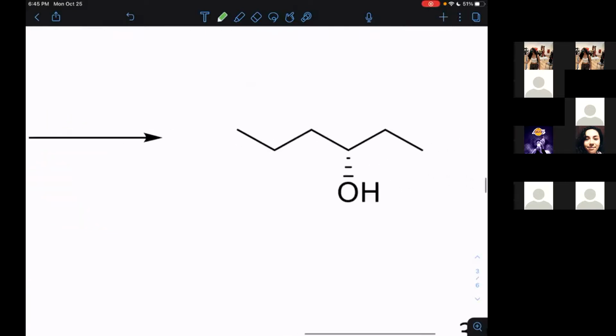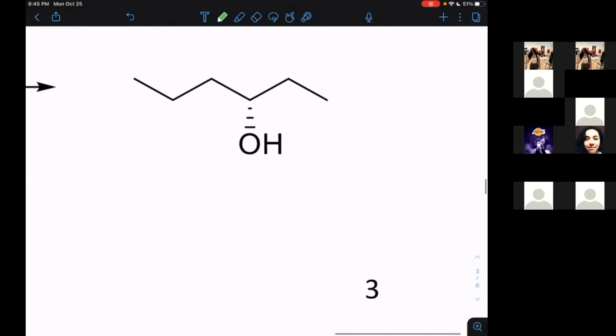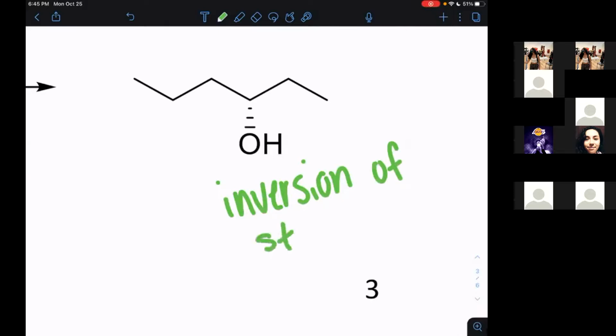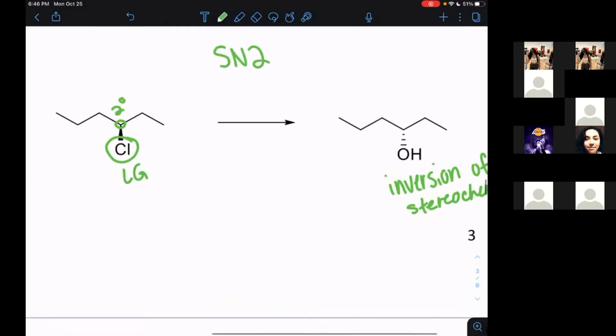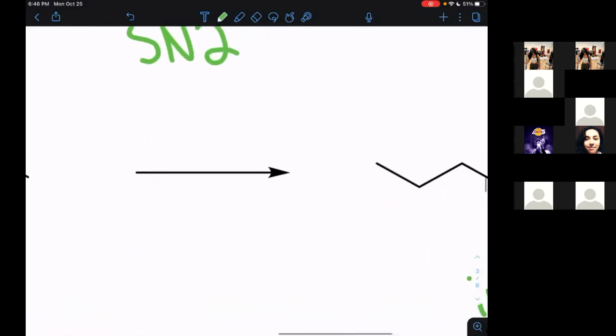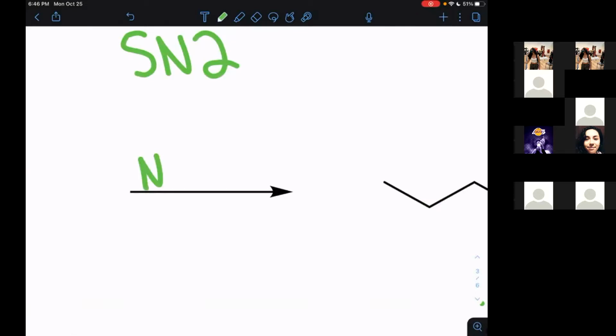But we see that this one changed. Tell me what it is again. Inversion of stereochemistry. Yes. And that's what happens in SN2. So then the reagent could be anything like an ionic bond with any OH, anything like that.